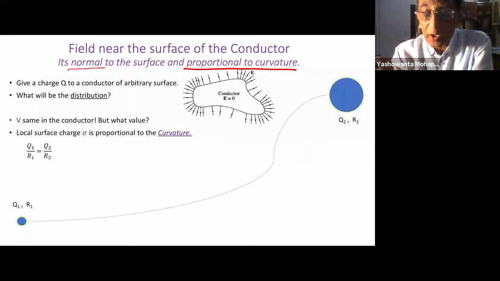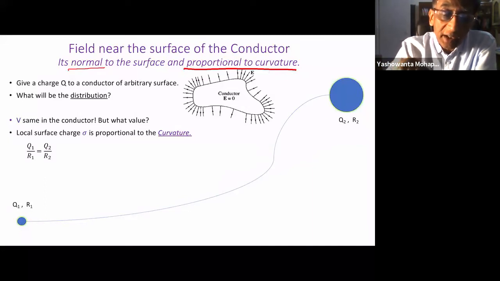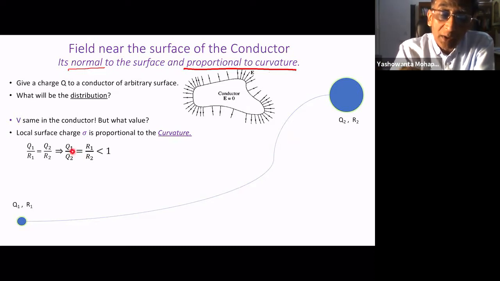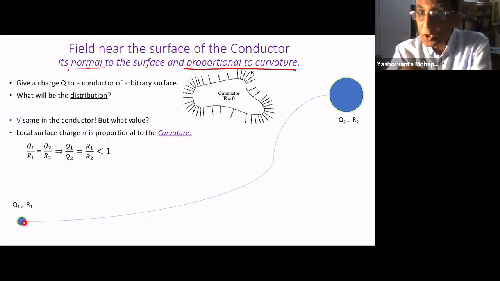Then, of course, what I can say is that Q1 by R1 is equal to Q2 by R2, and that would say Q1 by Q2 is R1 by R2, and R1 is less. So Q1 by Q2 is less than 1, which means Q1 will have less charge. They're at the same potential. One is smaller, one is bigger. Then this will have less charge, and this will have more charge.